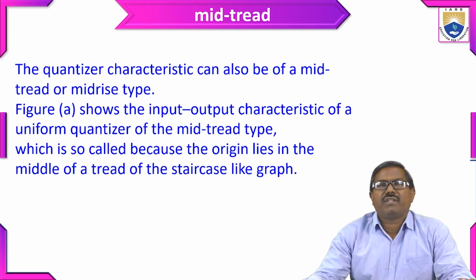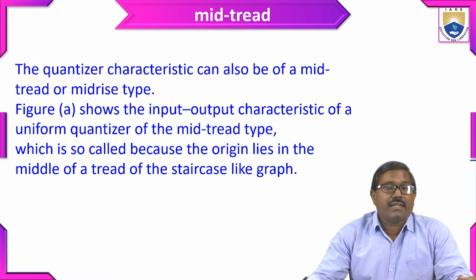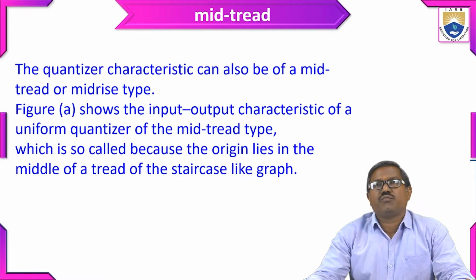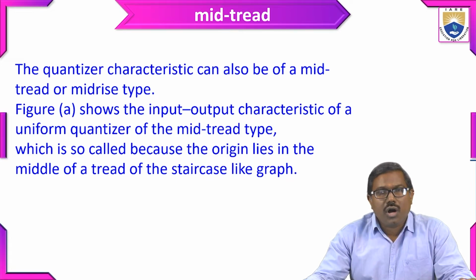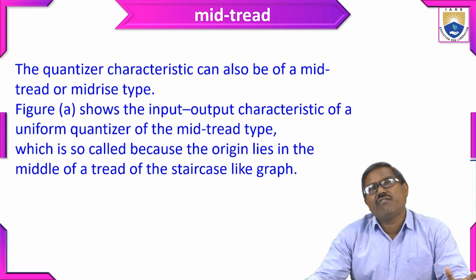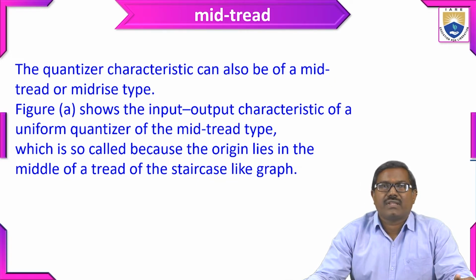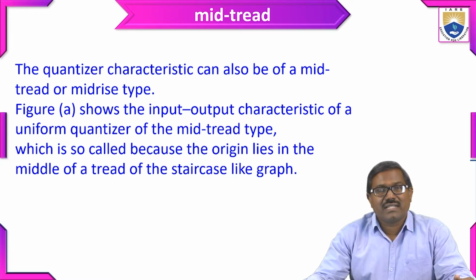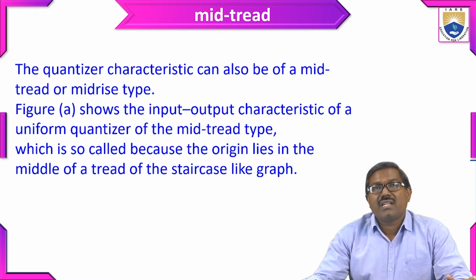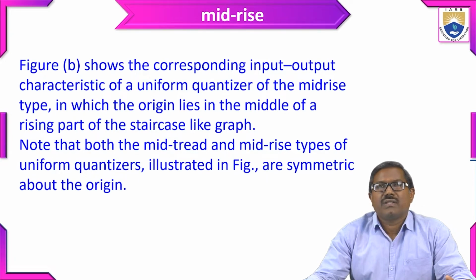Now the first one is mid-tread. Figure A shows the input-output characteristic of a uniform quantizer of the mid-tread type, which is so called because the origin lies in the middle of the tread of a staircase-like graph. And the second one is mid-rise.